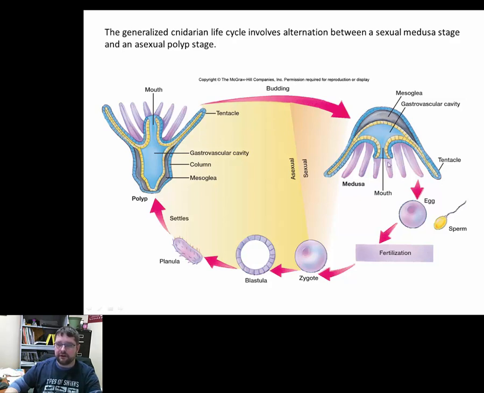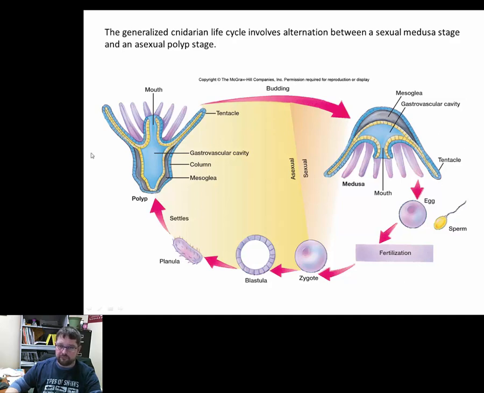And then that's going to produce eggs. So these guys are going to either be female or male. So they're dioecious. It's either going to produce an egg or sperm. And they'll have external fertilization, forming a zygote. That zygote is going to eventually become a planula, a free-swimming larva, and then that will become stationary somewhere and form the polyp.